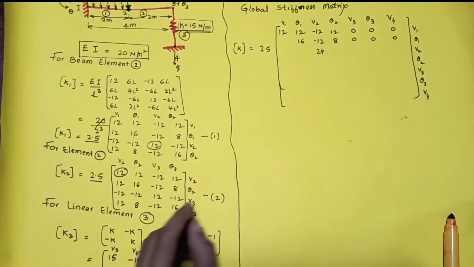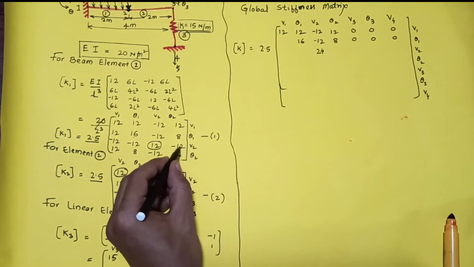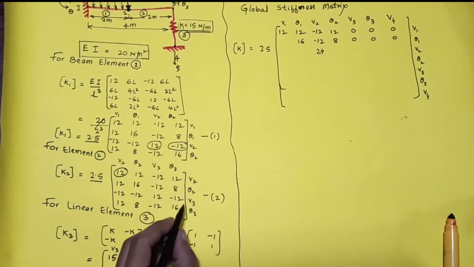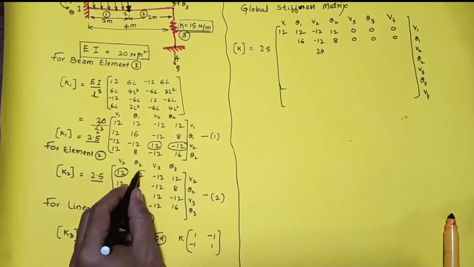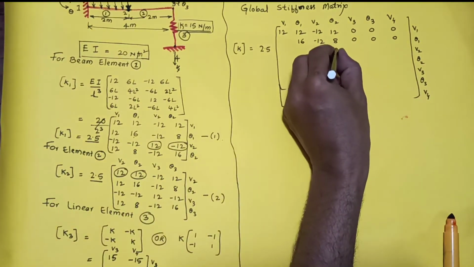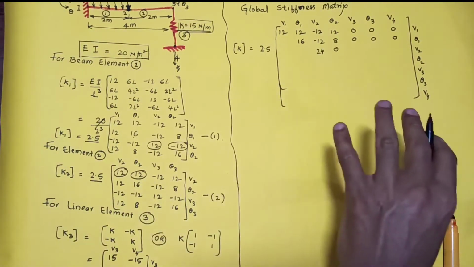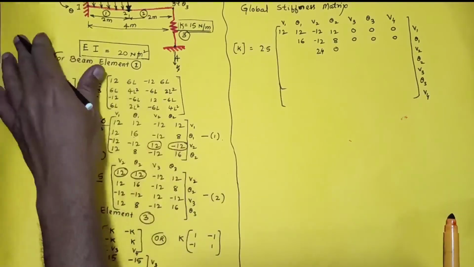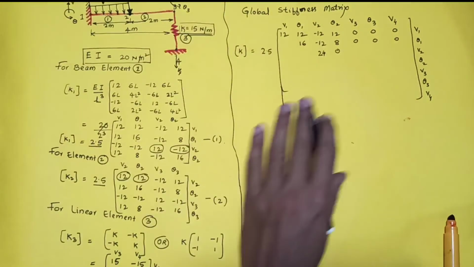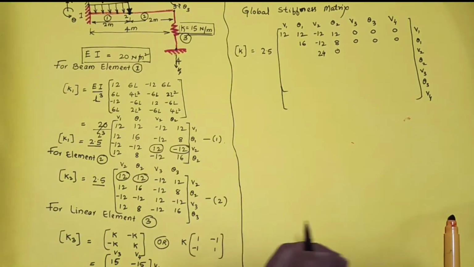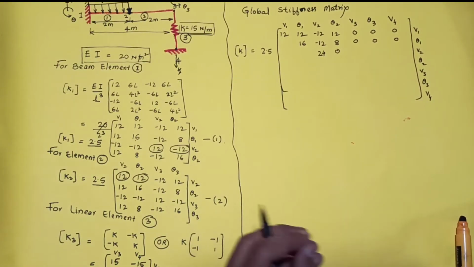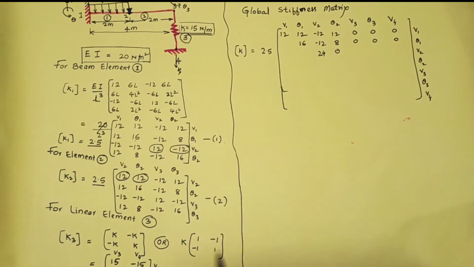Now V2 theta 2 is minus 12 plus 12, so you will get 0. I have taken this problem only to understand the concept. There may be some differences when doing the actual calculation, so please ignore any corrections.